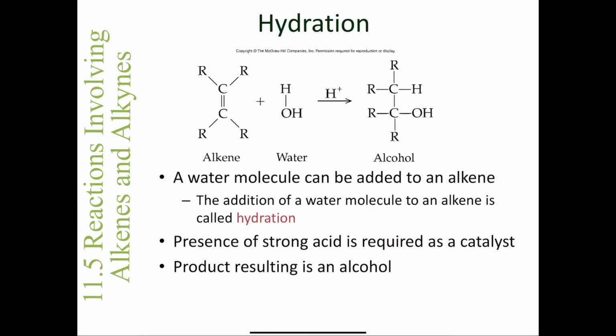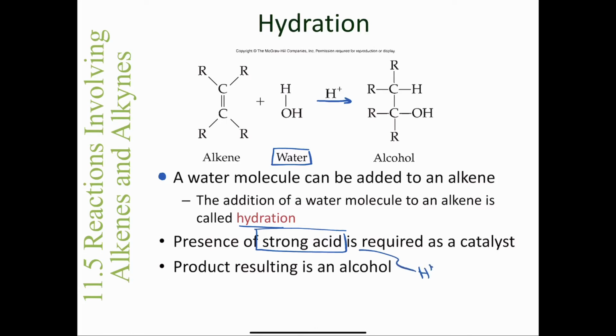Next, we have hydration, and I think it's pretty evident that hydration would mean the addition of water across an alkene or to an alkene. It says here that a water molecule can be added to an alkene. The addition of a water molecule to an alkene is called hydration. And in order to do that, we need a strong acid. And you can see that above the reaction arrow here, they just wrote H+.